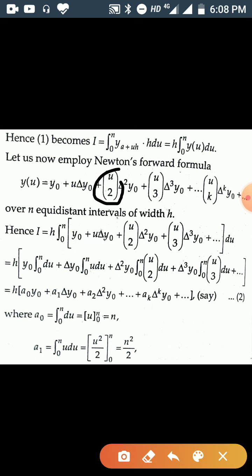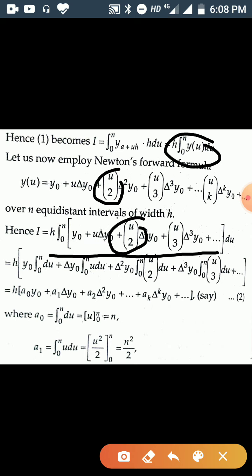Hence capital I is equal to h integration of 0 to n, substituting the value of y(u) here by using Newton's Gregory's forward interpolation formula. It is h integration 0 to n y0 plus u delta y0 plus, instead of writing this, you just write the Newton's Gregory's interpolation formula, and du.